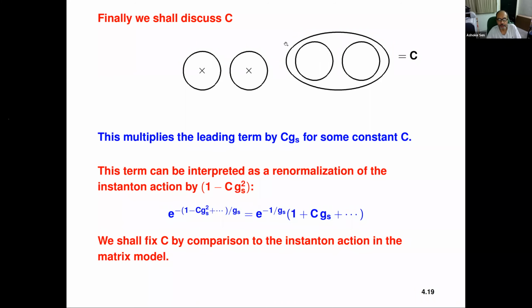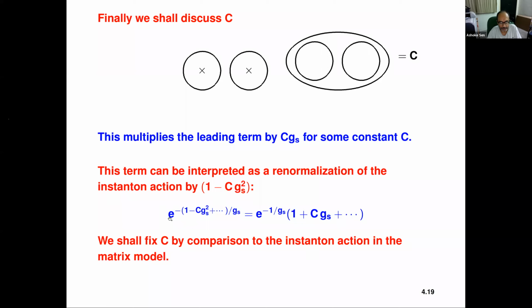Okay. So if we look at this, what this does is that it takes some leading term by a factor of C times G string. The G string I have not written down, but G string is of course there. The leading term is a product of these 2 sinh pi omega factors. So you can reinterpret this term as a renormalization of the instanton action by a factor of 1 minus C G_s squared.